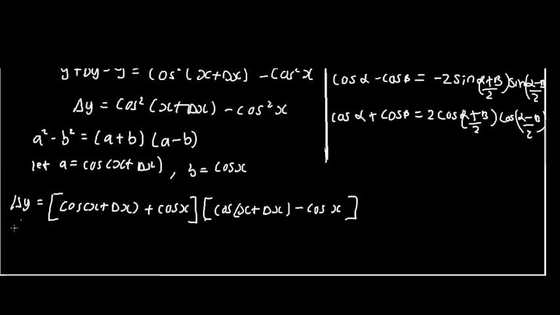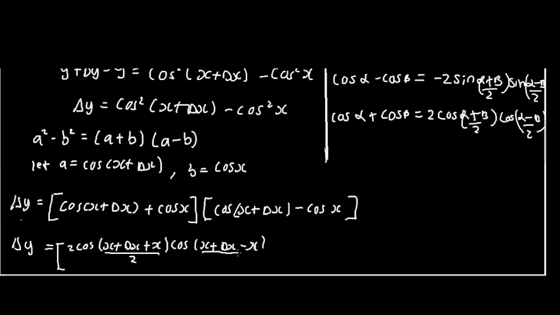Cos of an angle plus cosine of another angle gives 2 cos of alpha plus beta, which is x plus change in x plus x, divided by 2, times cos of alpha minus beta, which is x plus change in x minus x, also divided by 2. This is our first bracket.